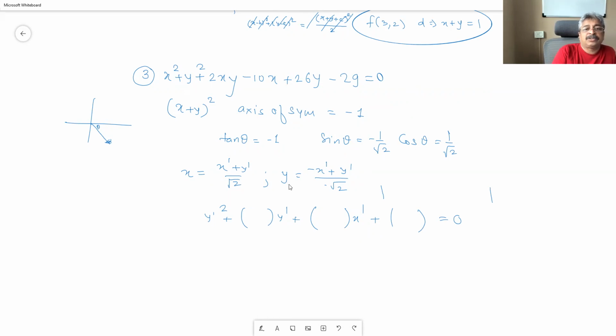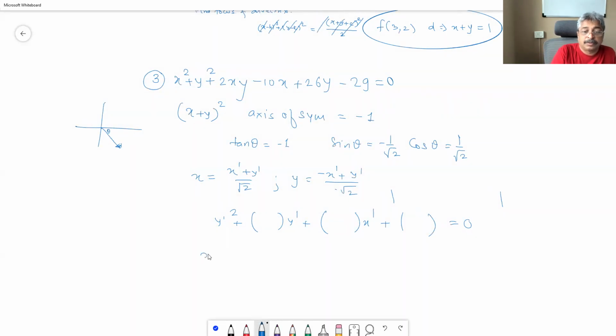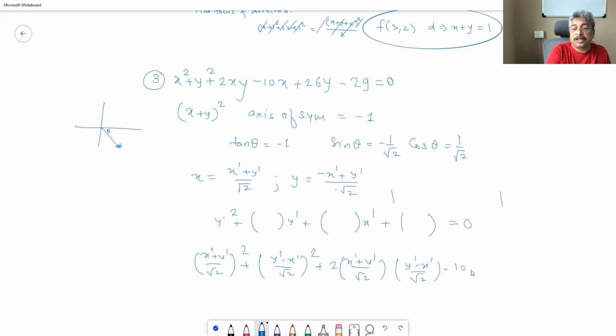So, (x dash plus y dash upon root 2) bracket square plus (y dash minus x dash upon root 2) bracket square plus 2 into (x dash plus y dash upon root 2) into (y dash minus x dash upon root 2), that is xy, minus 10 into (x dash plus y dash upon root 2) plus 26 into (y dash minus x dash upon root 2) minus 29 is equal to 0.